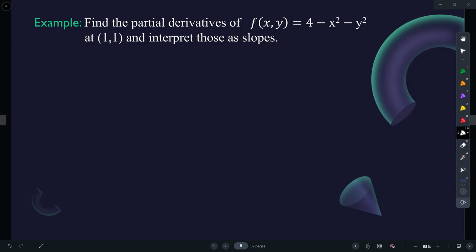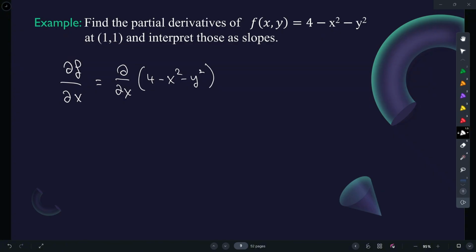I'm going to start with the partial derivative of f with respect to x. So I'm differentiating with respect to x the function 4 minus x squared minus y squared. Since I'm taking derivatives with respect to x, the y is a constant for me, and it does not depend on x.